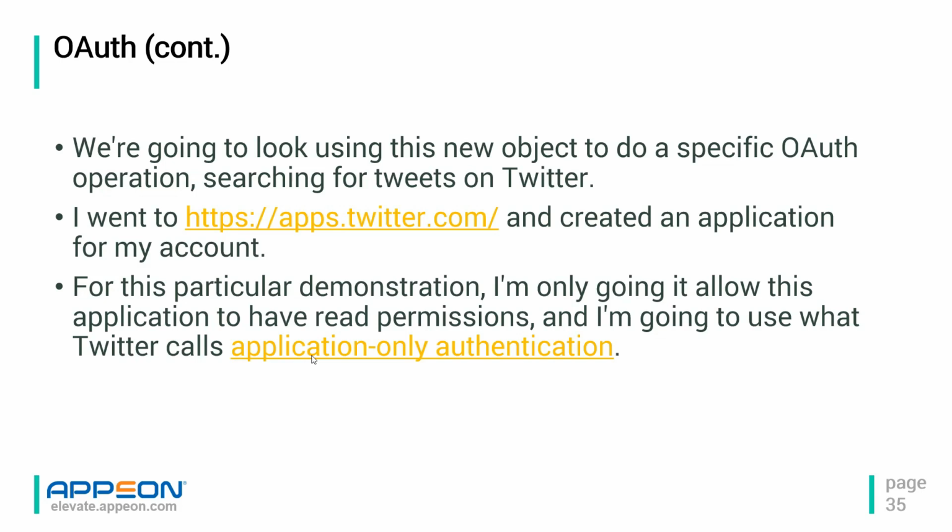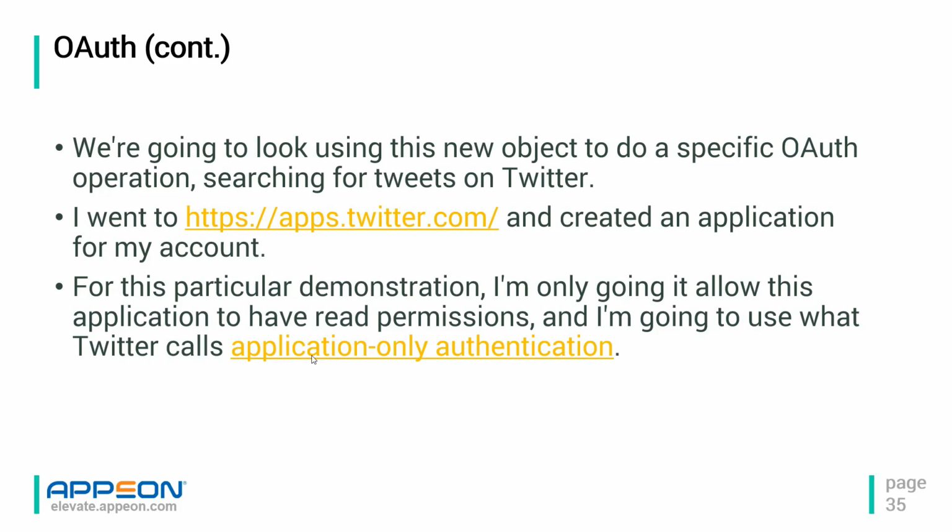And I really don't want to get into that for the purposes of this demo. What you can do is you can also just say this account I'm setting up is just an app. It's not impersonating a user. It's just an app that does stuff. In that case, it can only read the information off Twitter. It can't post anything. And that's what I'm doing for this particular example.